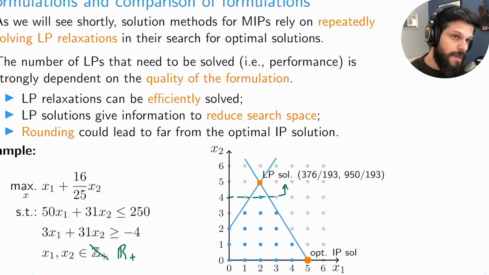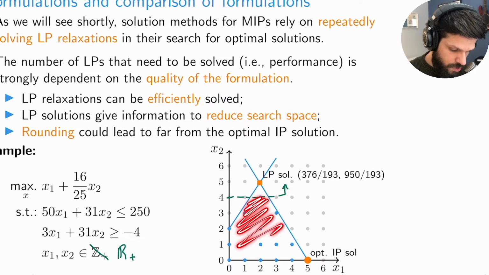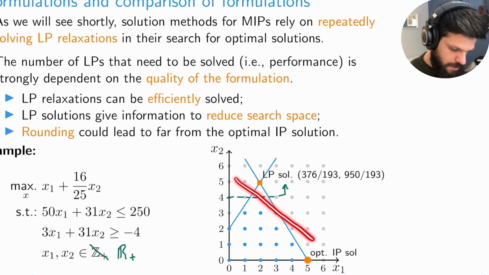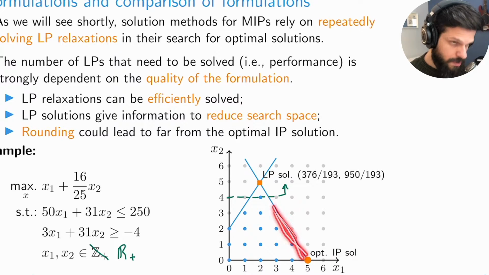So I can then go into a next round in which I only consider this reduced search space, which potentially would take me there, for example, and then I can do similarly, which would probably take me here, which could perhaps tell me that I could do something more like so, and so on. We'll see how that works in the next lectures. But the main point being, we can use that information, but not by simply rounding.